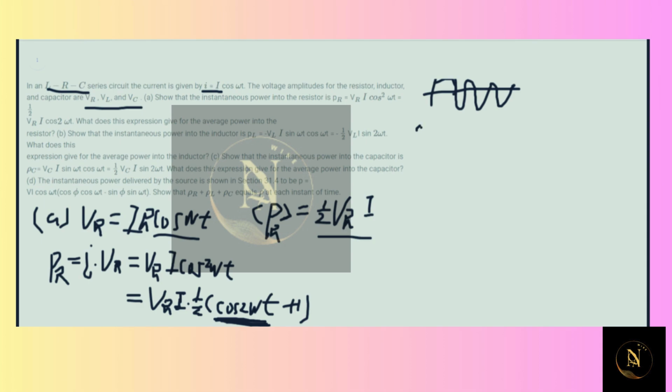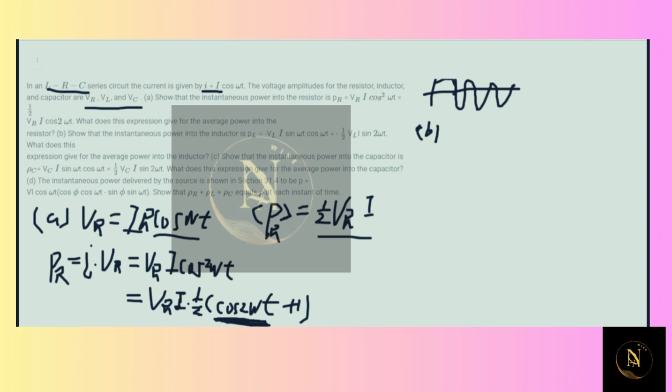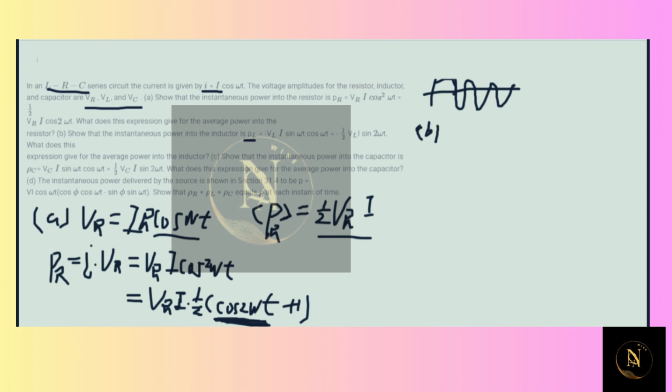And for part B, we want to find out the instantaneous power for the inductor. Because we know for the inductor, the voltage leads the current.